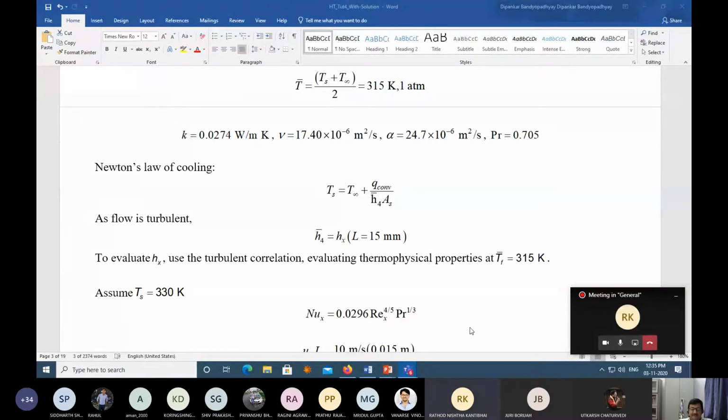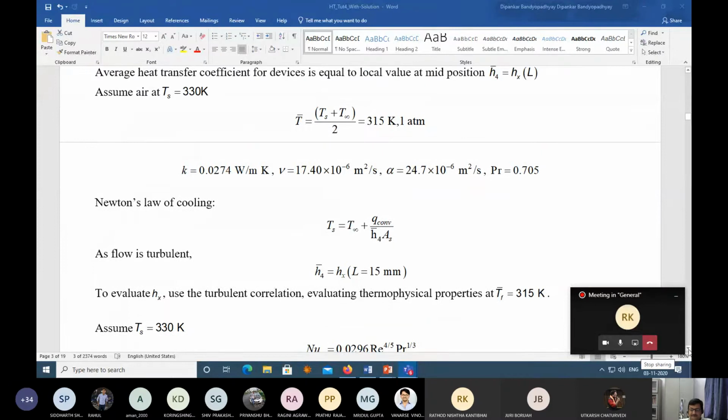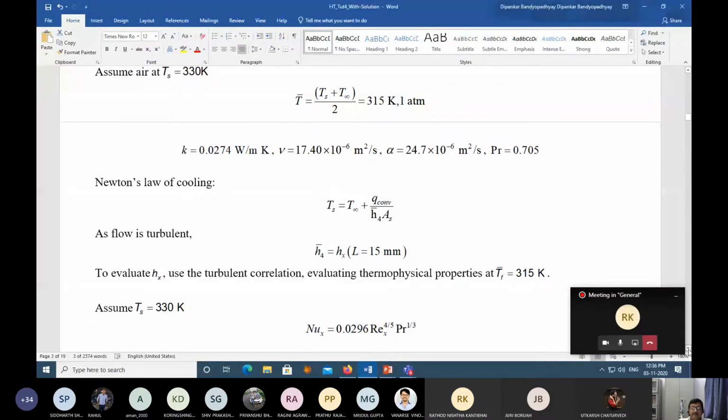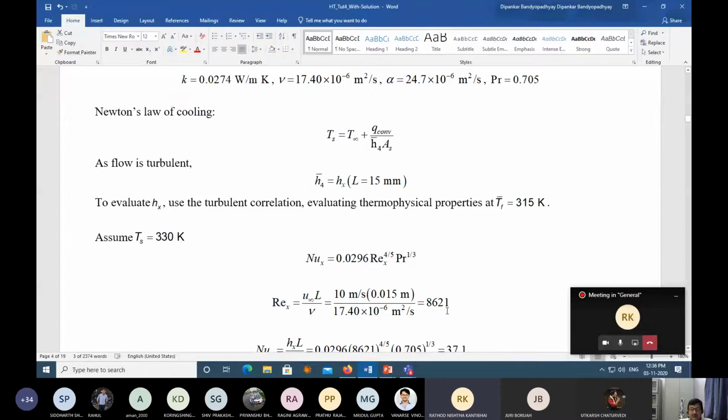Quickly calculate. 8.6 into 10 to the power 3, yes, 8621, right?